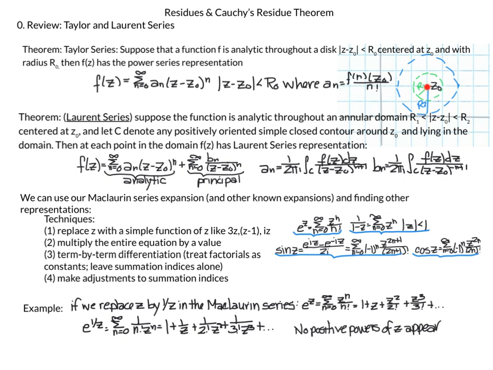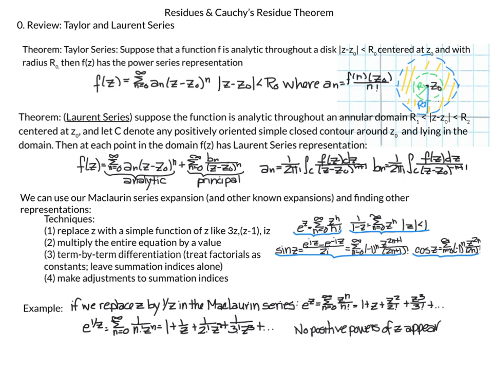So this is a possible singularity. And then we said, okay, well, we'll surround our singularity by a small circle of radius r1, and r1 we're going to make infinitesimally small. Then our r2 is our circle where we are analytic. So we're analytic in this yellow area between the two circles, that annular region. And the idea is we're going to shrink r1 until it only includes z naught.